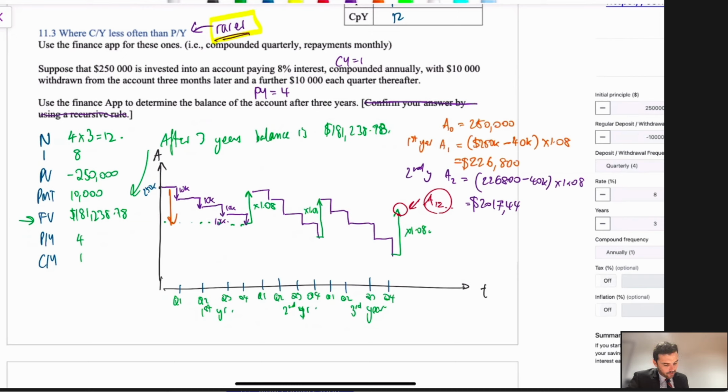Let's switch to green. Third year, A3, 201,744 minus another 40K. We times by 1.08, and out pops an answer of 174,683.52.